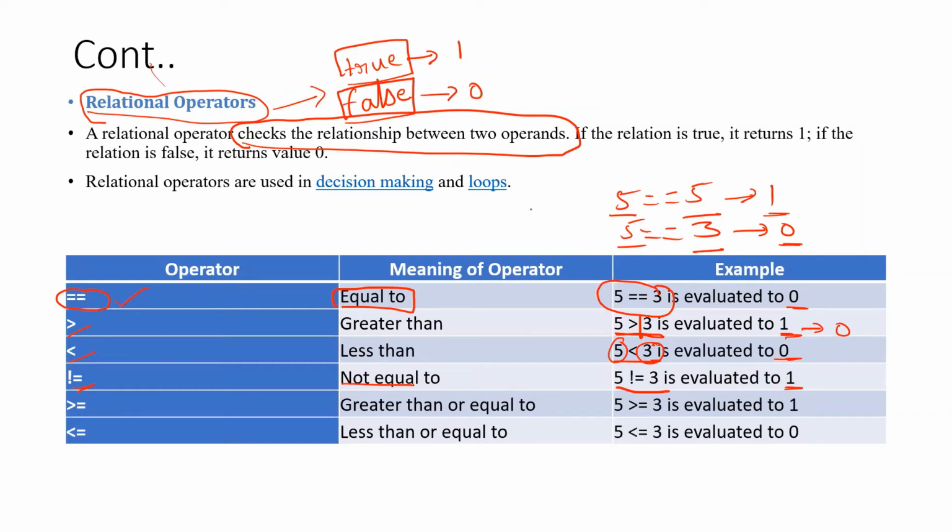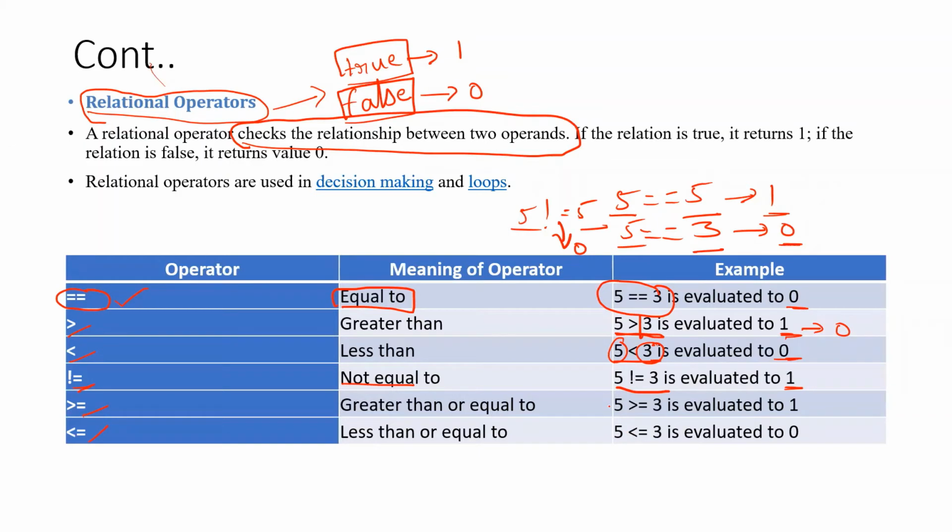If I mention 5 not equal to 5, in that situation, it is going to return 0. Why? Because both are equal. So if I mention 5 is not equal to 5, then it is returning 0. Similarly, greater than or equal to, less than or equal to. So I'm checking, is it bigger or equal to? Is it smaller or equal?